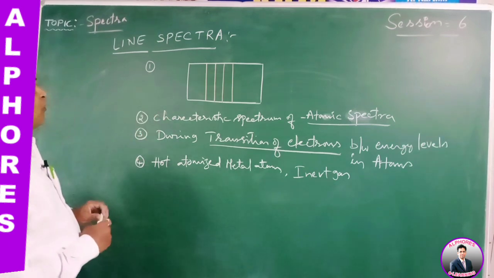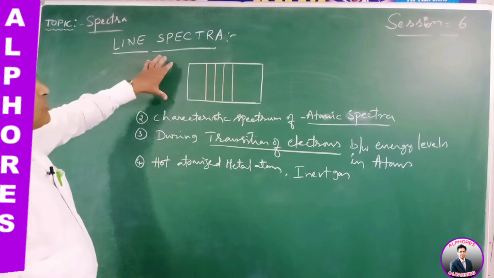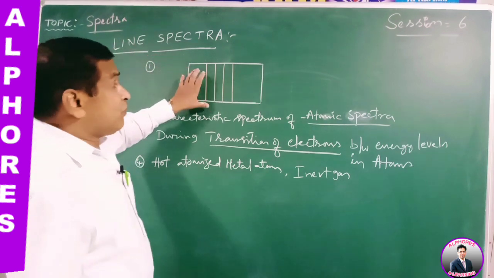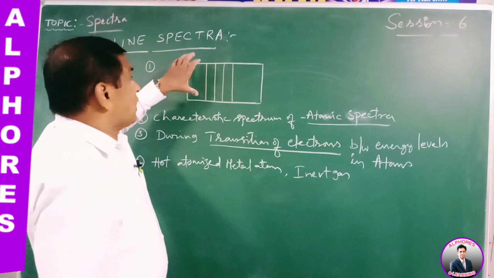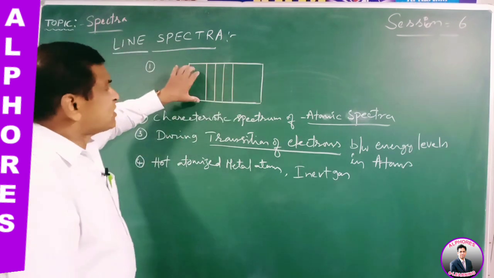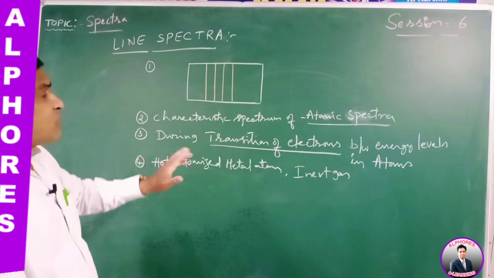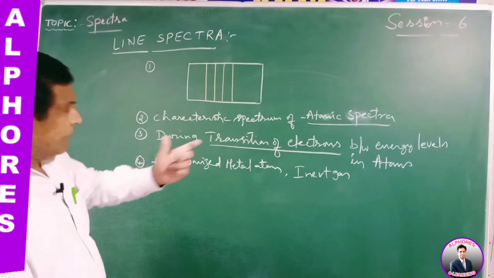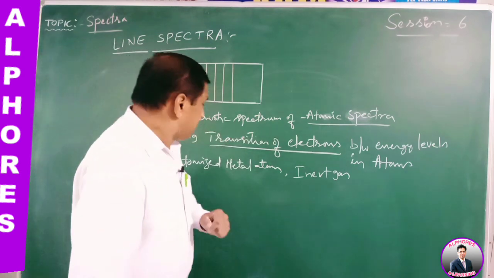Once again, all the 4 points. The spectra consisting of sharp, well-defined spectral lines is called line spectra. This line spectra is the characteristic spectrum of atoms, hence it is called atomic spectra.